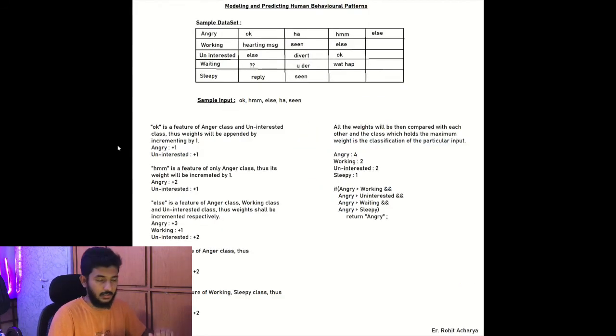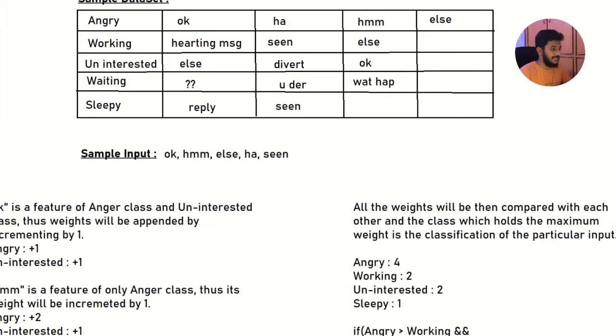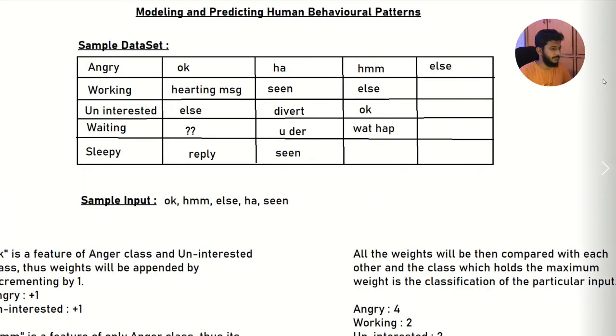I'll give a real life example of this. This is the data set that I've considered, and this is just a partial data set. I'm not going to show you the whole data set. Okay, so I've classified their behavior into 5 classes: angry, working, uninterested, waiting, or sleepy.